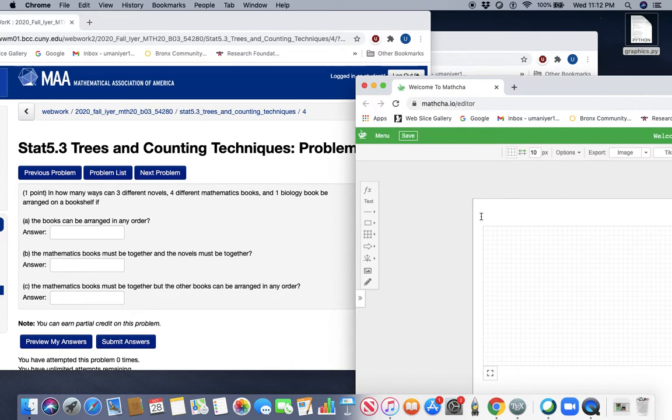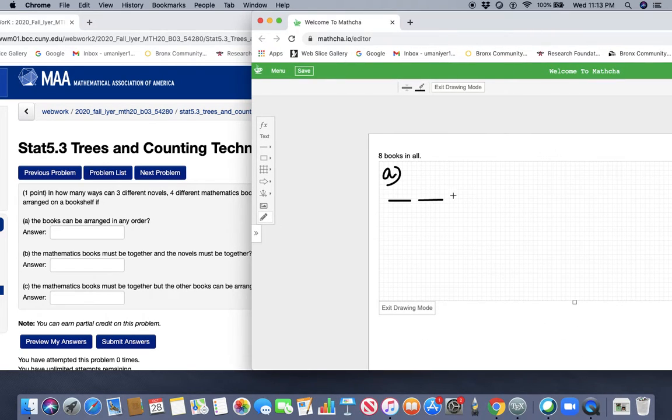Okay. So when I have 8 books in all, I'm going to arrange them all. So 1, 2, 3, 4, 5, 6, 7, 8. First book you could have 8 options.